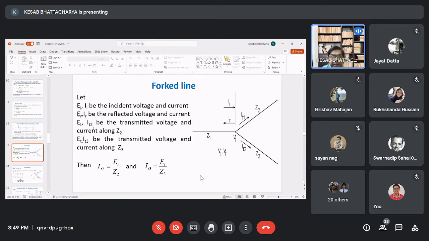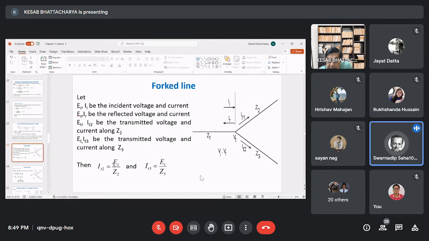ET and IT2 be the transmitted voltage and current along Z2, and ET and IT3 be the transmitted voltage and current along Z3. So these are our assumptions. Now IT2 will obviously be ET divided by Z2, and IT3 will be equal to ET by Z3. Do you understand this?